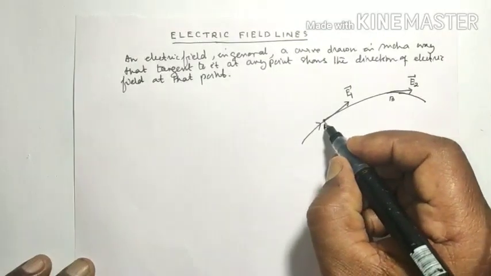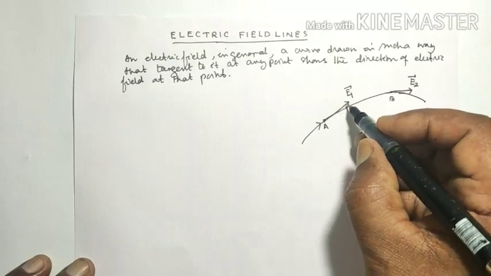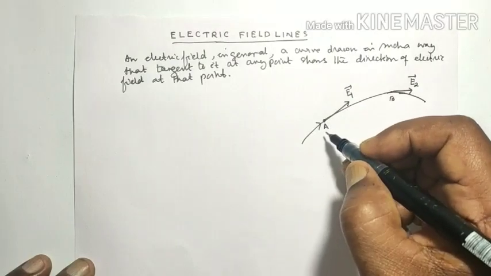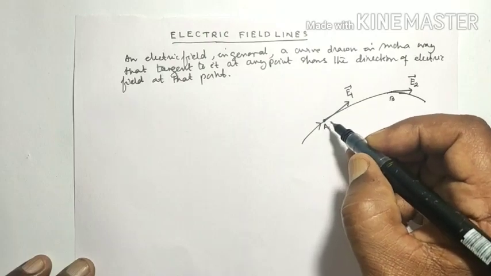If we place a positive test charge at a point, then that tangent gives the direction of force on that charge, or it also gives the direction of acceleration at that point.